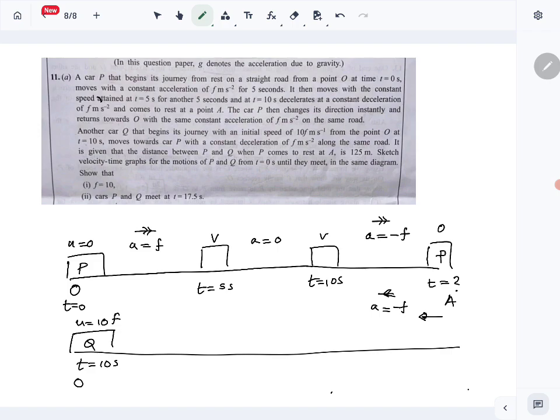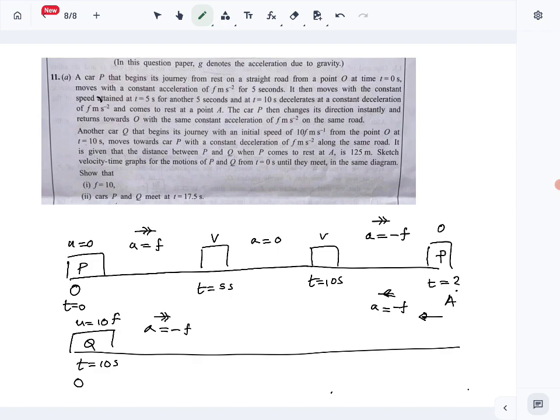And it is moving towards car P. So car P is coming in this way, car Q is going in this way. Car P has a constant deceleration, so acceleration will be minus f because deceleration is f, in that direction.